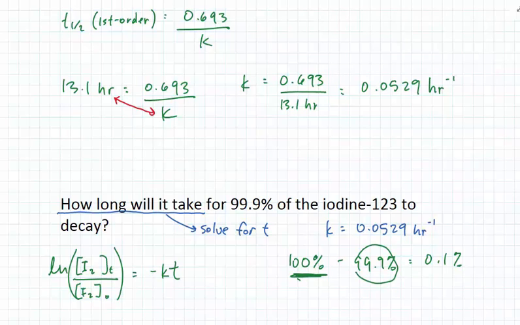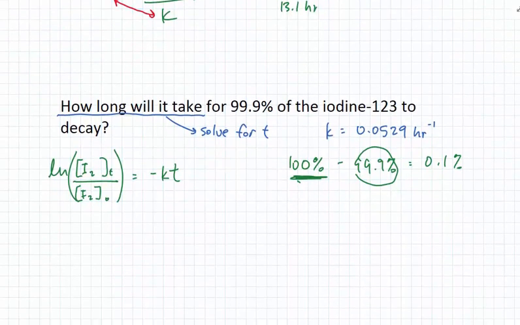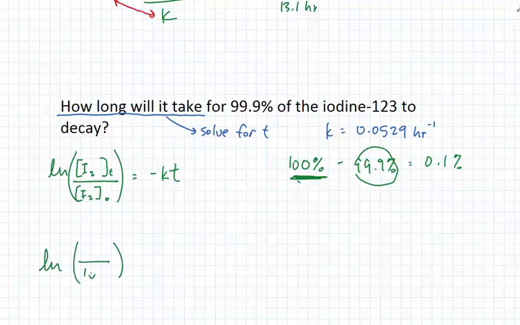Now, what we actually use doesn't matter because, look, it's a fraction over here. But to make it easiest, I like to say initial as 100. And this is a concentration here, but it turns out when it's a fraction like that, it doesn't need to be a molar concentration. It could be just some kind of amount.